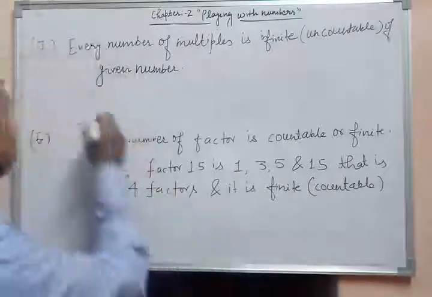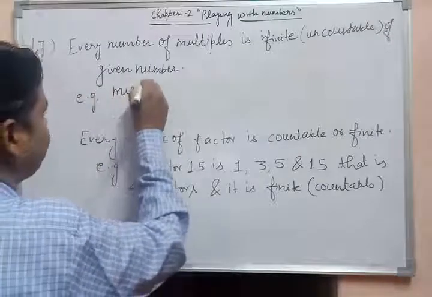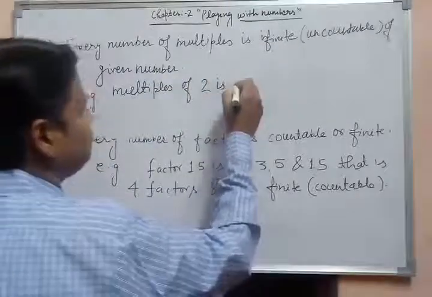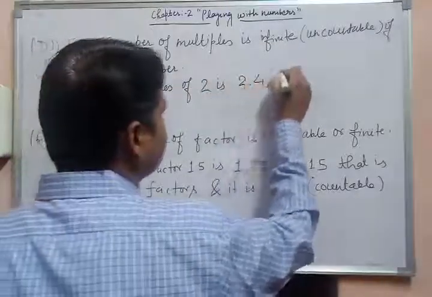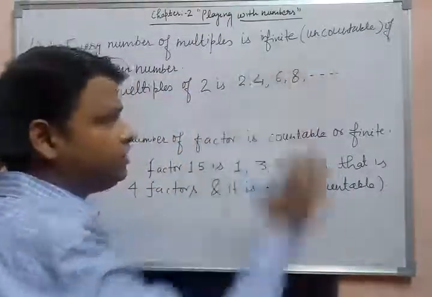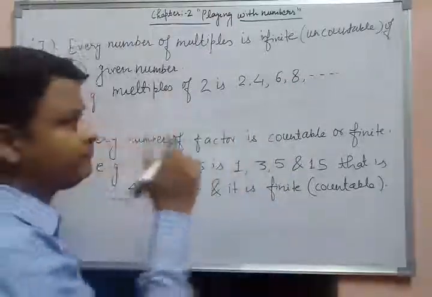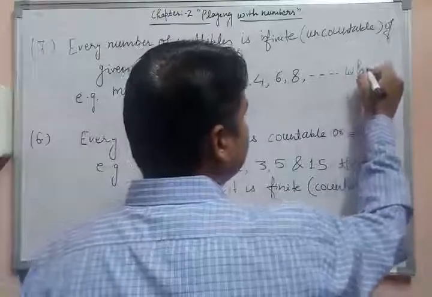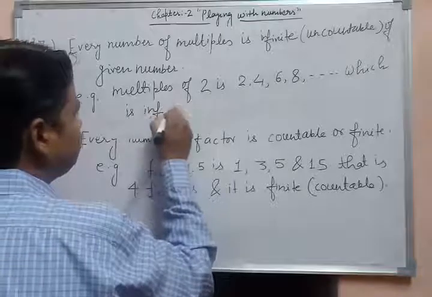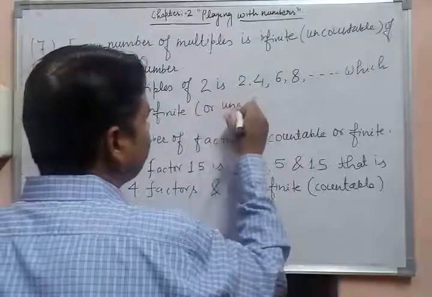For example, multiples of 2 are 2, 4, 6, 8 and so on. So this shows that the multiples of every number are infinite or uncountable.